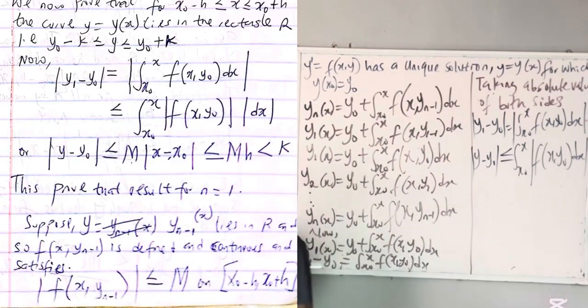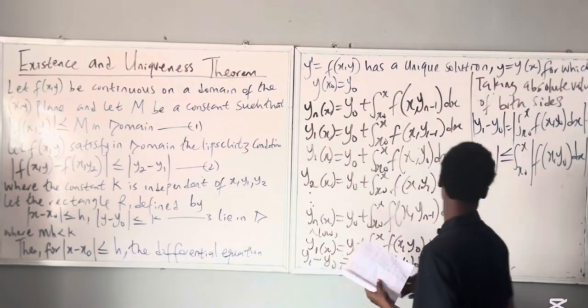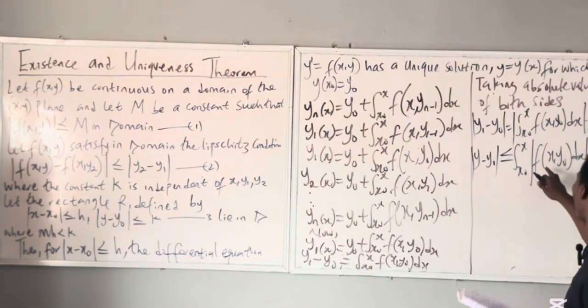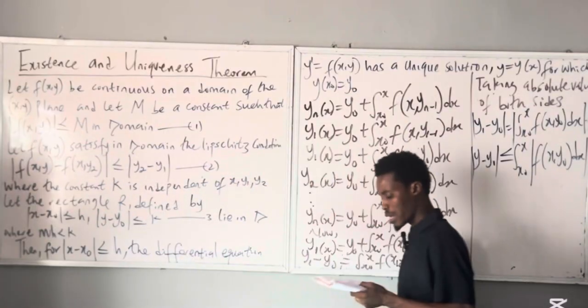Do you know how they got it? What they did there, how they got M less than or equal to M h, less than or equal to k, is they got it from here. Whenever we see f of s, y naught, f of x, y, something like this, less than or equal to M, we substitute M inside it.